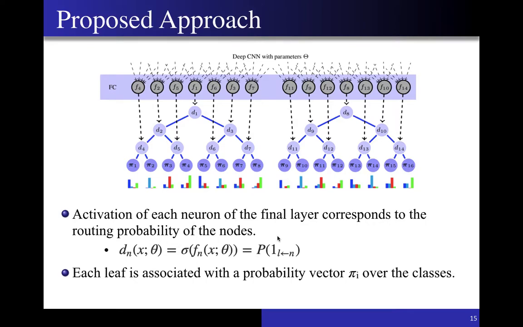So this is like saying that this is the value of the probability of a given node. Each leaf node is associated with a probability vector pi for each class.